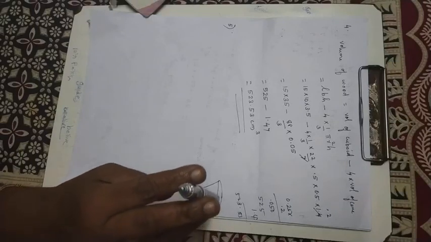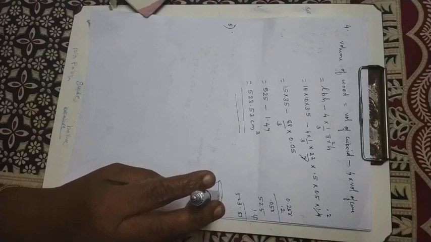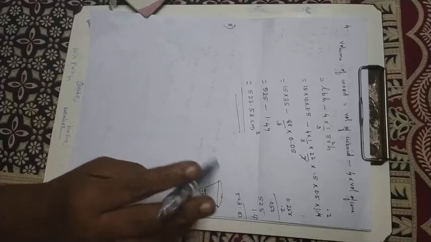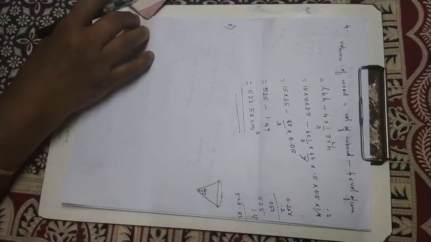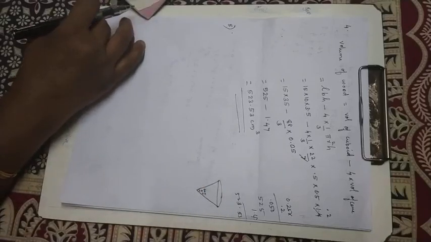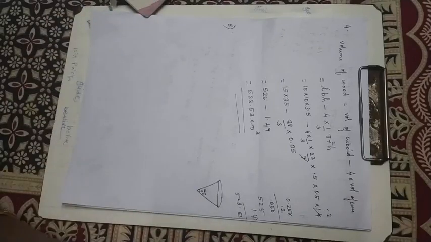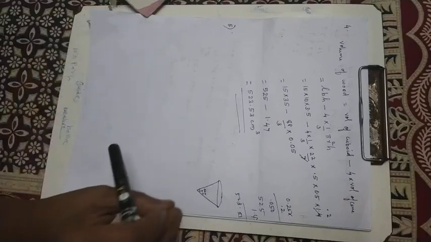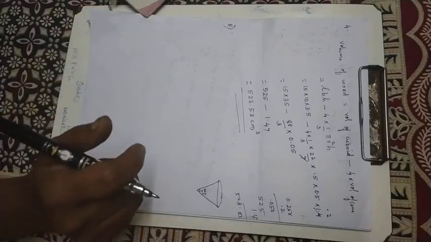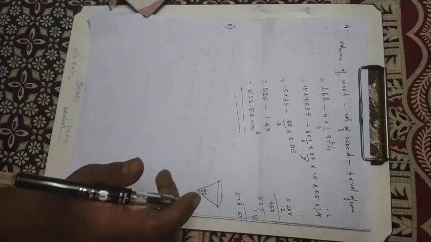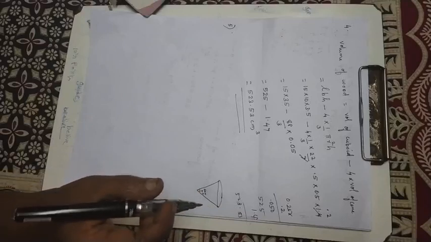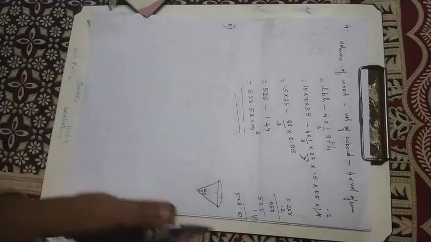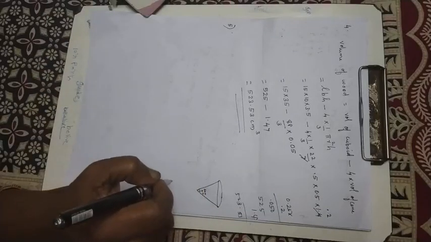Recall that you have learned in smaller classes the Archimedes principle: when a vessel is completely filled with water and you are dropping something in that one, the water displaced will be equal to the volume of that thing that is immersed in the water.